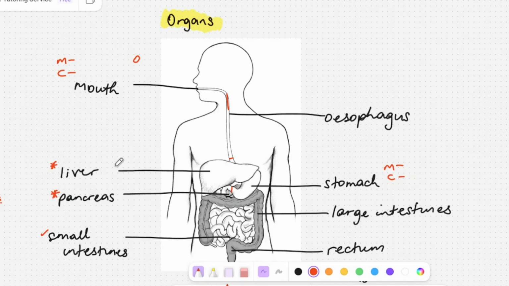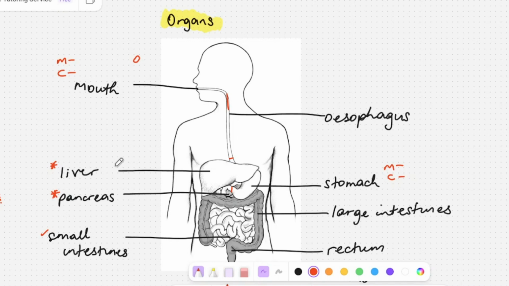Then we have the pancreas. What the pancreas does, it releases a multitude of enzymes that finish off or help with the completion of digestion. It also releases a base or alkali substance that is going to neutralize that hydrochloric acid that is coming with the chyme from the stomach.